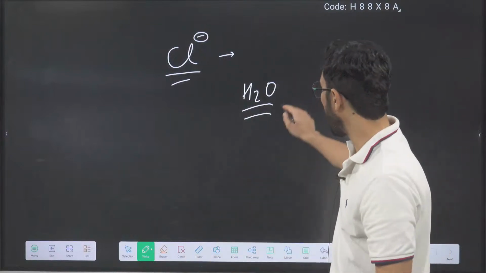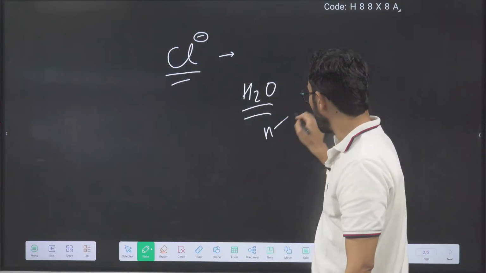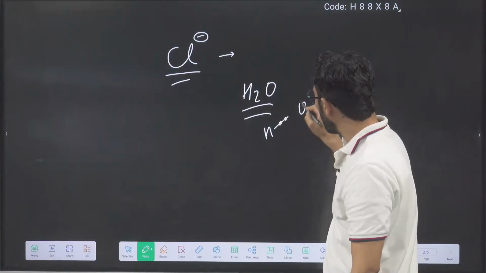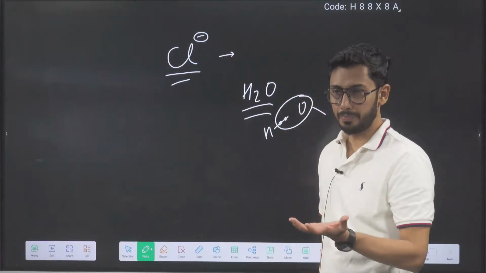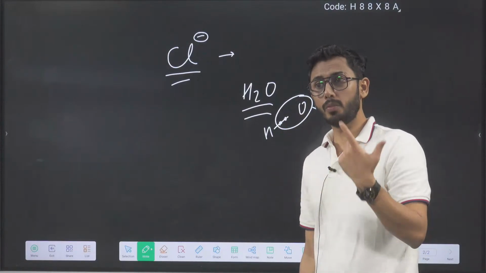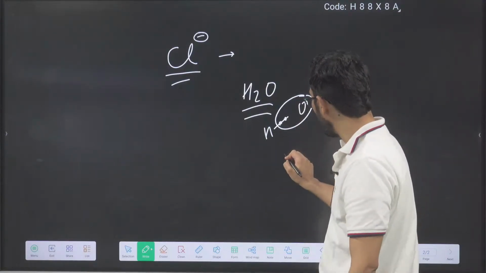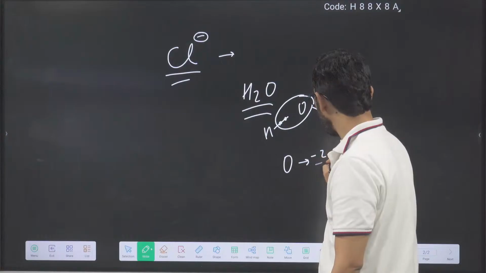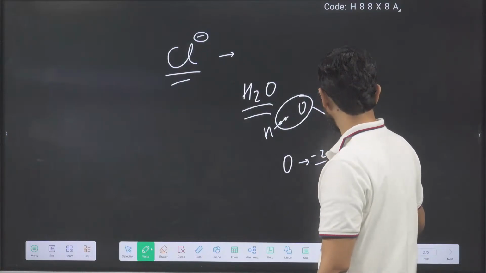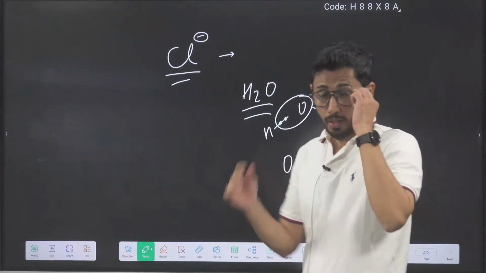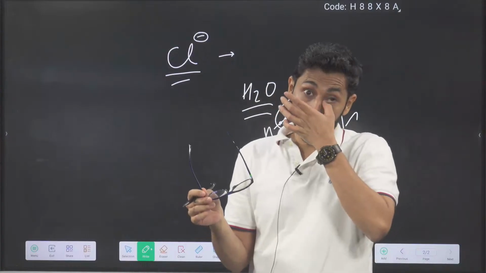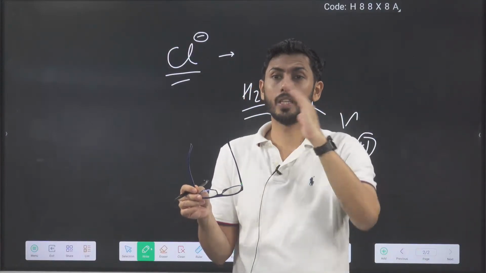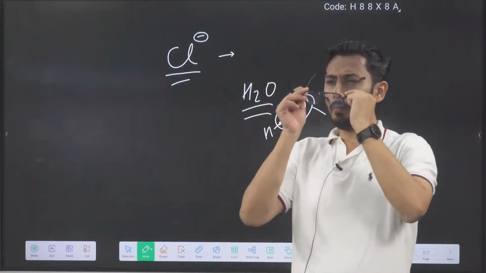Oxygen is highly electronegative, so we consider the electrons to be shifted towards oxygen. Hence, overall oxygen is -2 and hydrogen is +1 in water. So it may be a real charge or a hypothetical charge that an atom can acquire, whether in ionic form or in compound form.